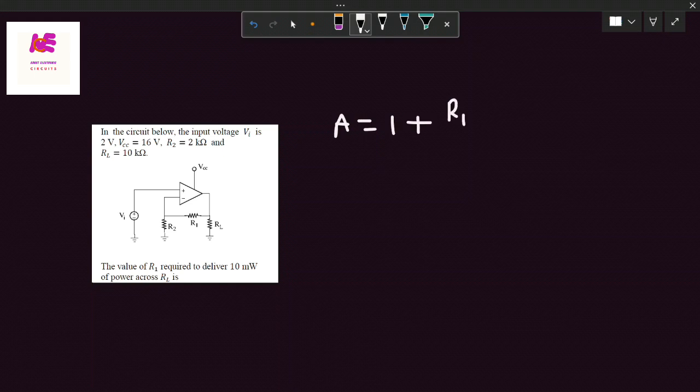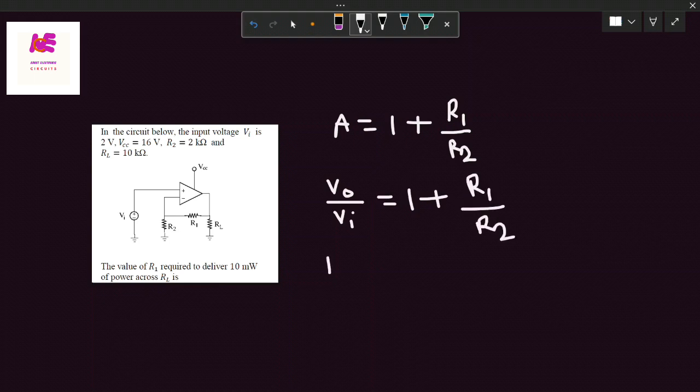In this case, input resistance is R2, and gain is nothing but the output voltage upon input voltage, which is equal to 1 plus R1 by R2. So the output voltage we calculated, that is 10 volt.